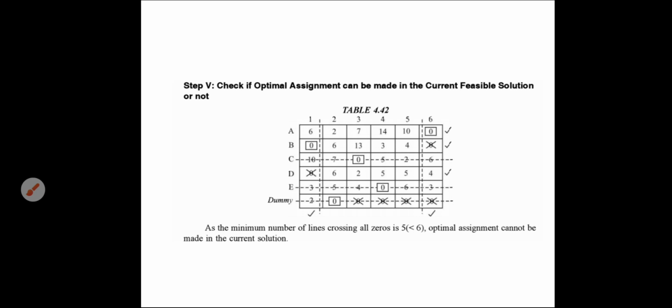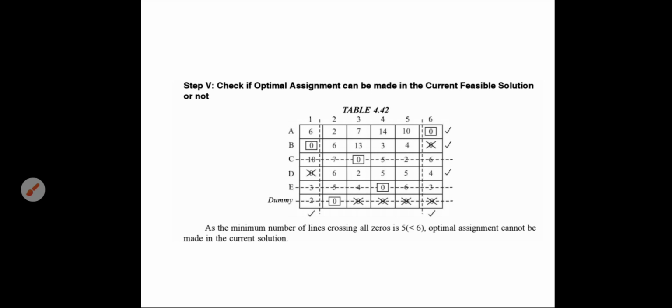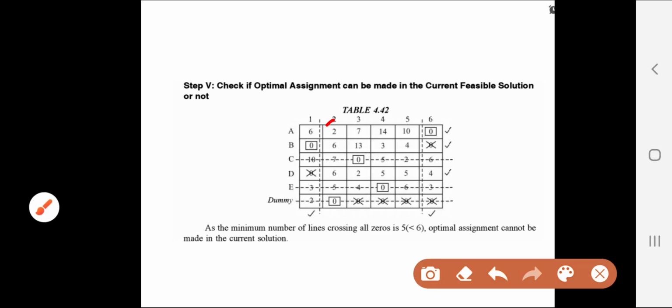So you find the elements where lines are not passing. These are some elements where lines are not covered. You find the smallest element among these. Which is the smallest element? 2. You choose 2.